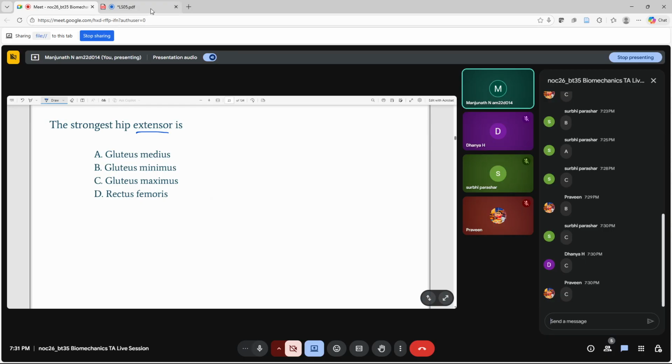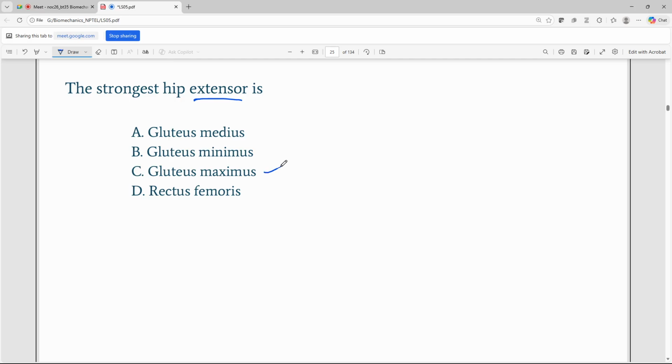Yes, I already got that correct. That is gluteus maximus.